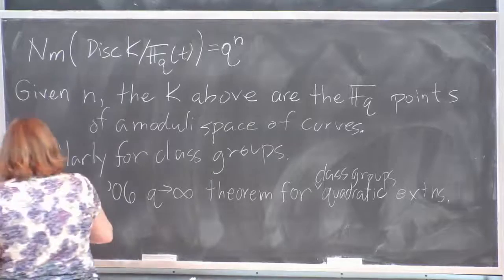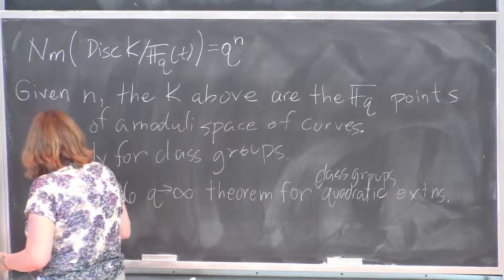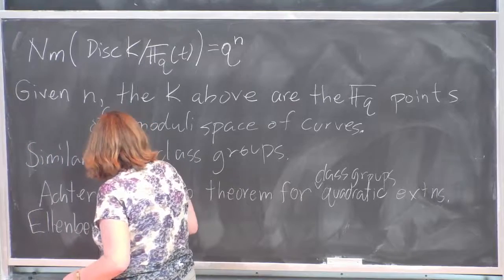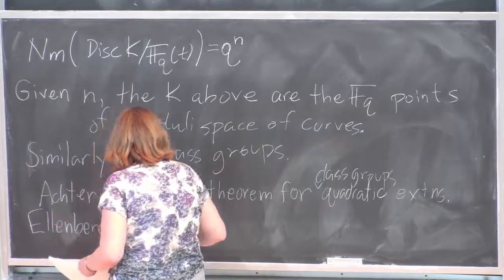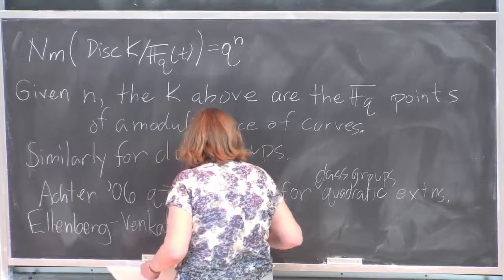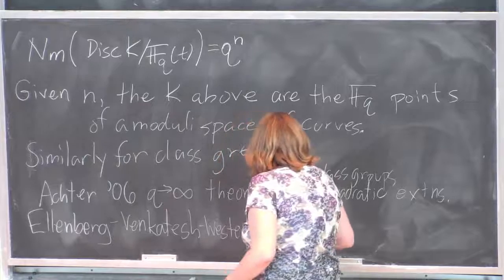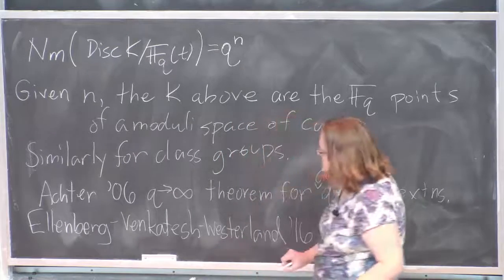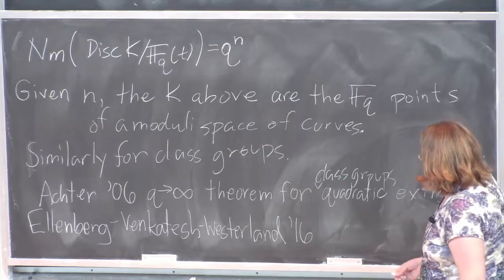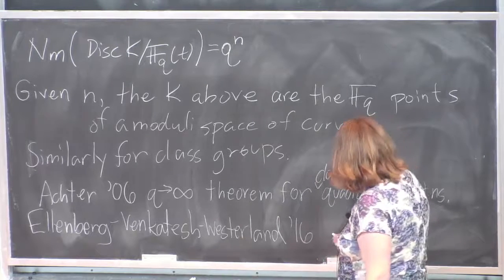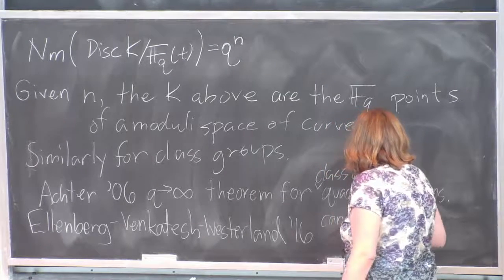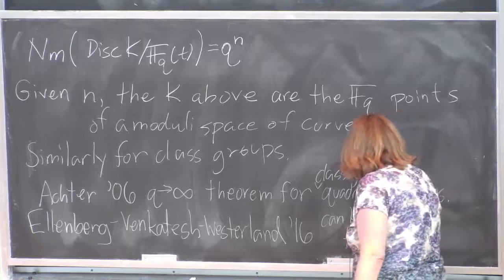But then recently, there's been a huge boost to this method and this approach, this work of Ellenberg, Venkatesh, and Westerland, that they can let n go to infinity, then q go to infinity.